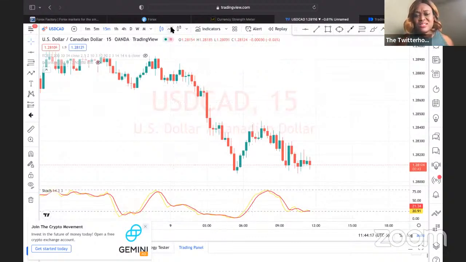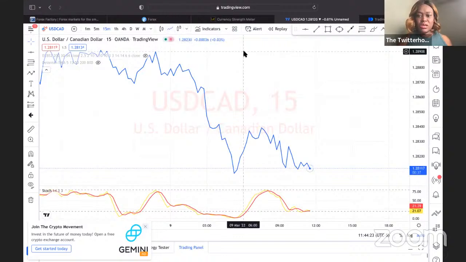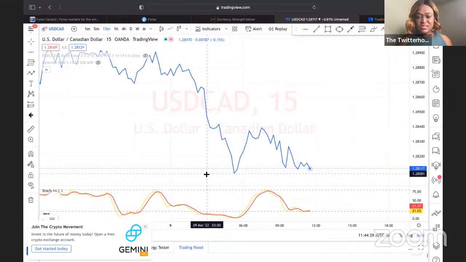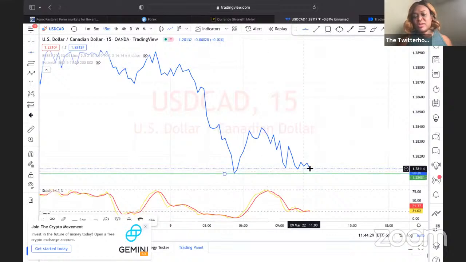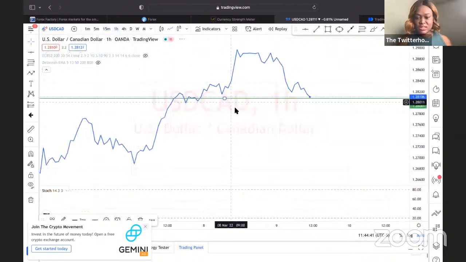And I always like to look at it on the line chart. It gives me a clean outlook. So that's a floor. It needs to break through here, and I would be looking to get in at a retest of this area.